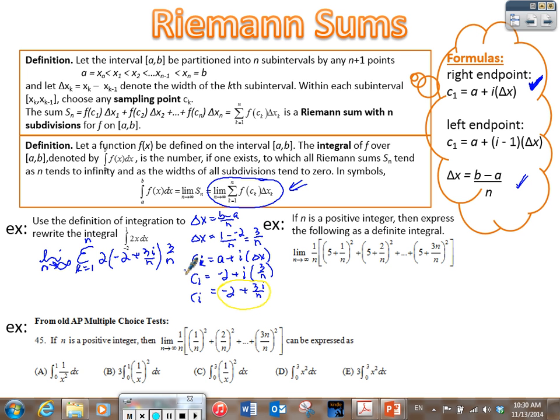Now, to pretty it up, the limit as n goes to infinity, summation 1 to n. I'm going to multiply the 2 times the 3 over n and get 6 over n, negative 2 plus 3i over n. Now, that's as far as I'm going to have you go.